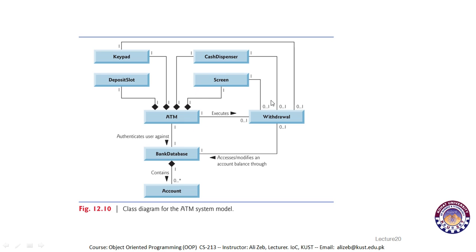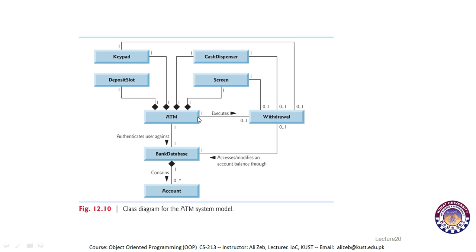And we can also see the multiplicity values indicated with each of these classes. So for example, an ATM will have at most one object of the cash dispenser class and vice versa. The ATM will have at most one object of the screen class. It will have at most one object of the deposit class.